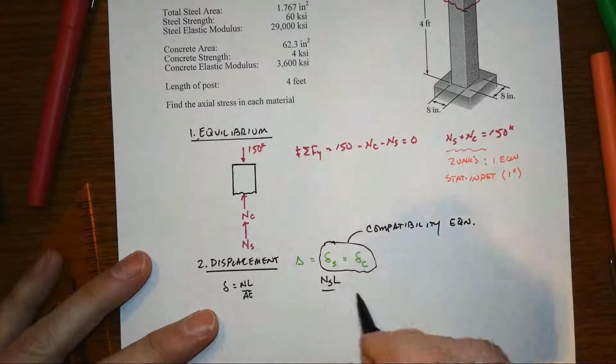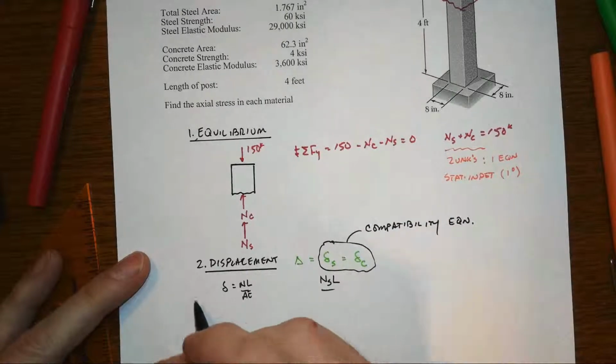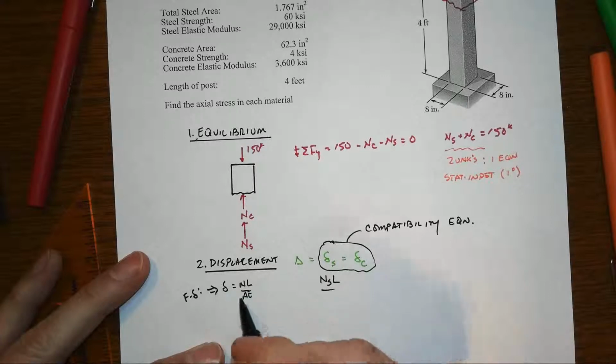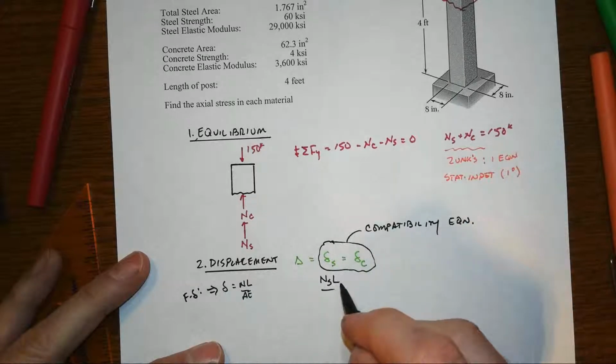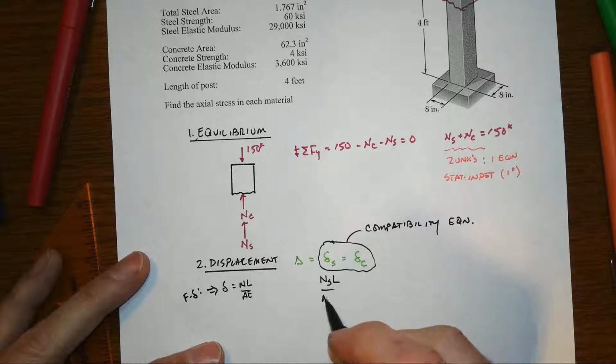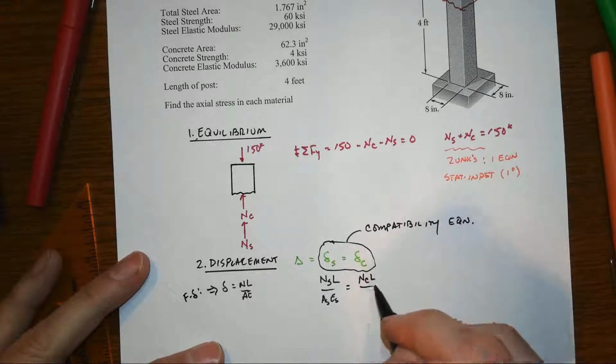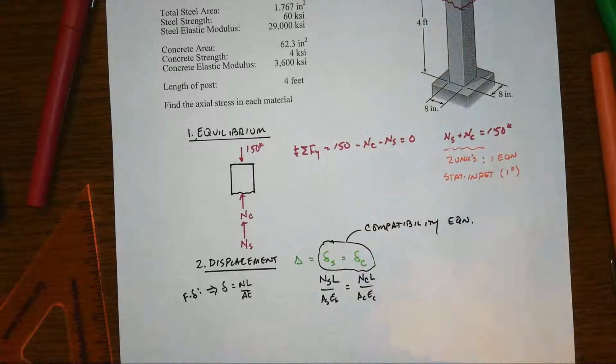And the force-deformation relationship was this guy right there, delta equals N over AE, with L. So L is the same for both. But the moduli and the areas certainly are not the same.